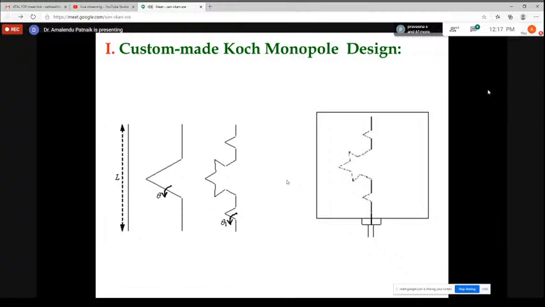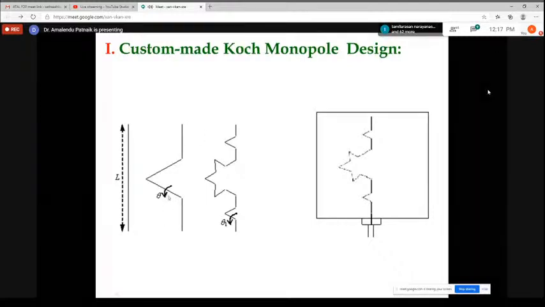You change the parameters of that fractal structure so that correspondingly it will change its resonant frequency. As far as this Koch monopole antenna is concerned, the parameters are the total length of the monopole, L, and in each iteration you create this structure, with each side of the same length at a certain angle theta.